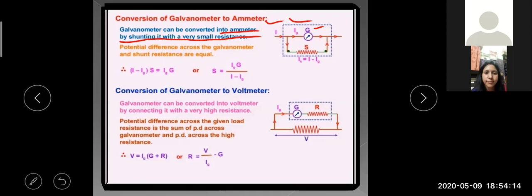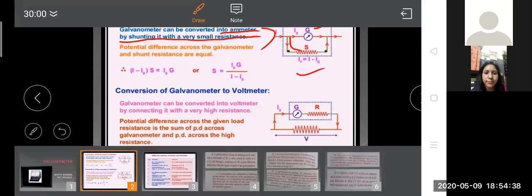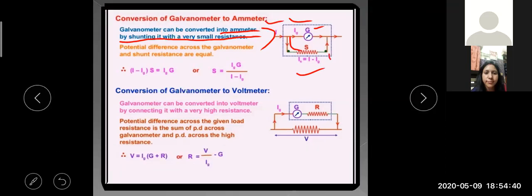So I is the current to be measured with the help of the galvanometer. We therefore connect the resistance S, which is called the shunt, in parallel with this galvanometer so that the excess current passes through this shunt.